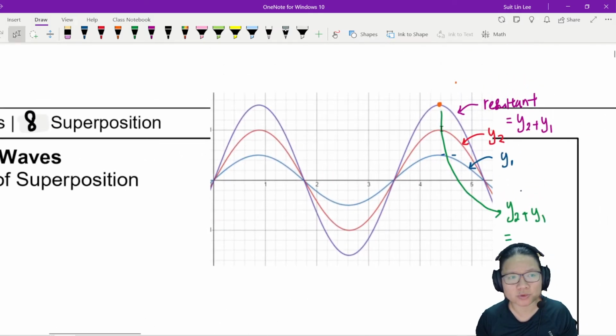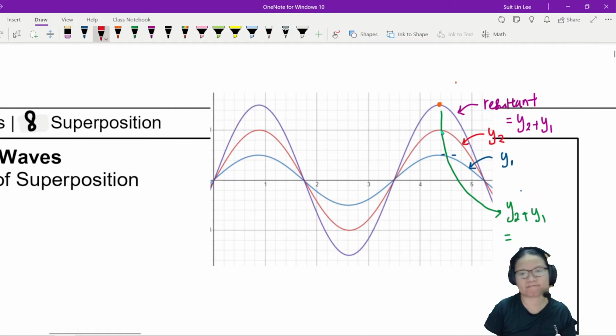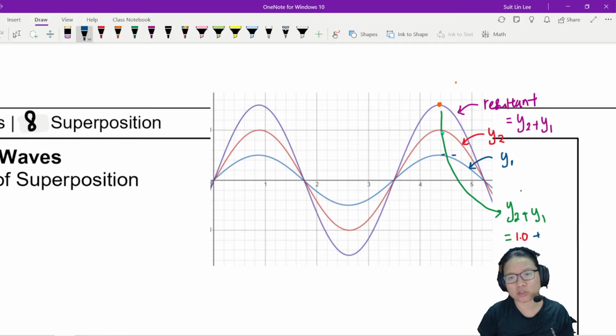Okay, Y2 is this peak 1.0 plus Y1, which is 0.5. That is how we arrive at our 1.5.